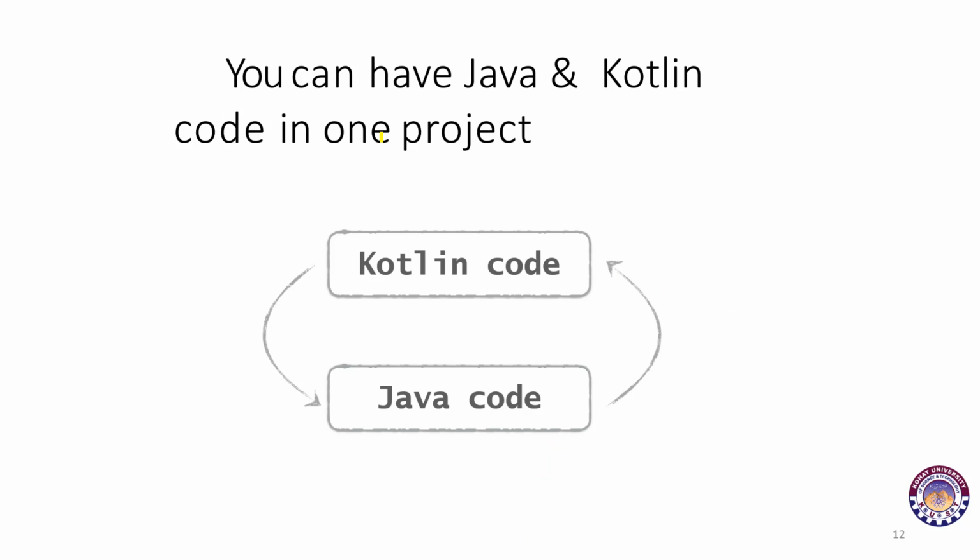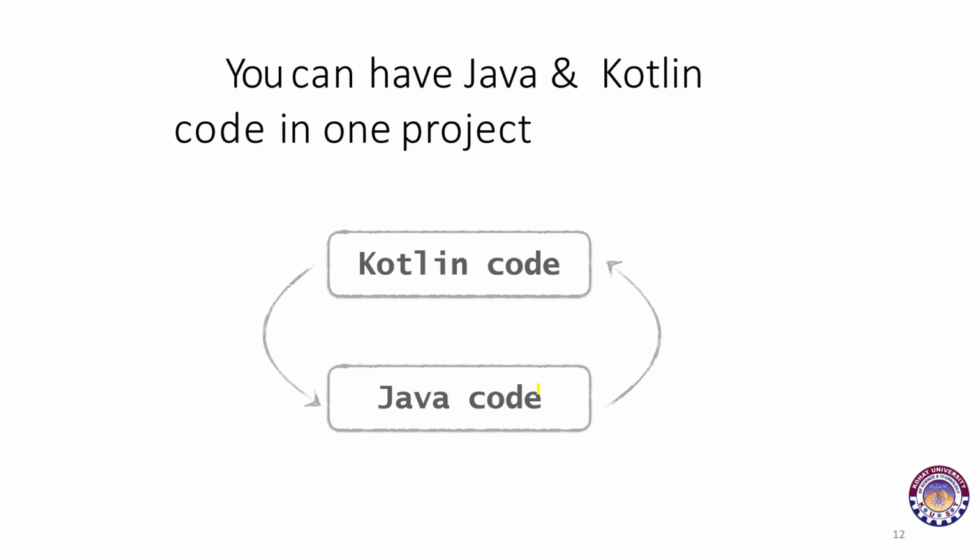You can have Java and Kotlin code in one project. There could be Kotlin classes and Java classes, and both will compile and run concurrently, and you will see that there will be no issue.